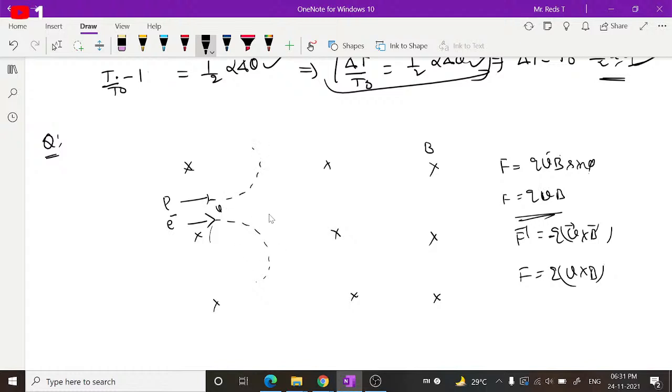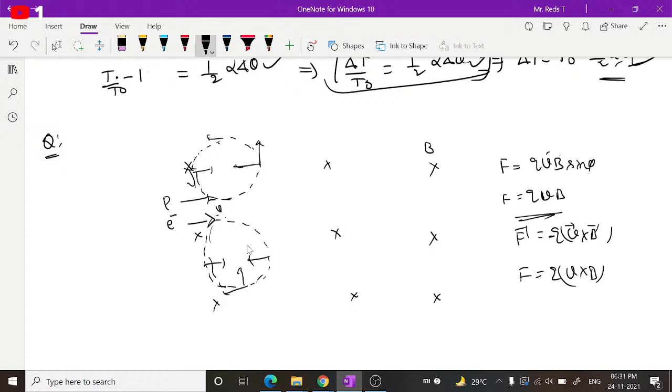If you observe, they will undergo circular motion, because the force is always perpendicular to the direction of motion. This is the velocity, force will be in the normal direction, so it will undergo circular motion. Here also, velocity is this, force will be this, so like this it will undergo circular motion.